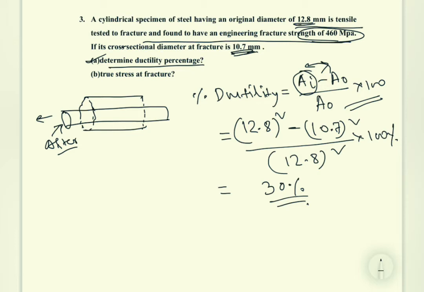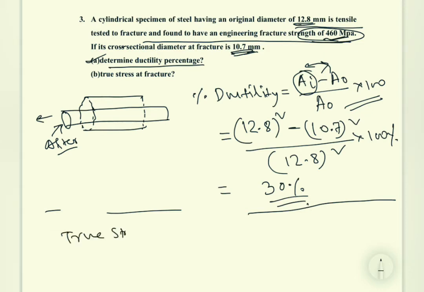What is the next question? Next question, it's interesting. They are asking what is the true stress at fracture. They are already giving the fracture strength as 460 MPa, but the true stress is something different. So for that I will give you a little bit of theory.